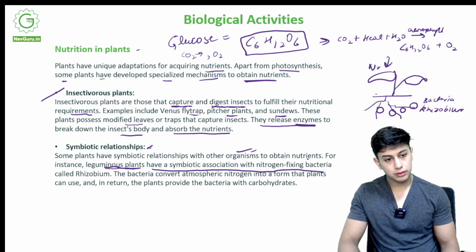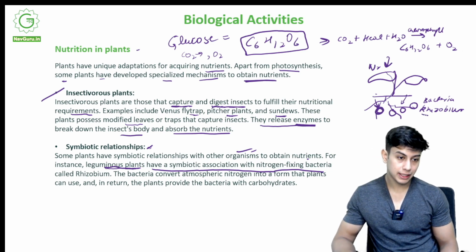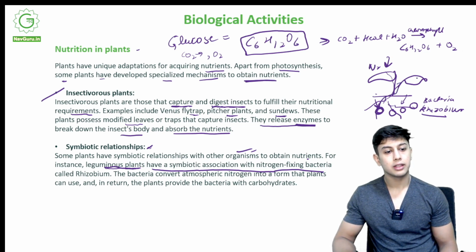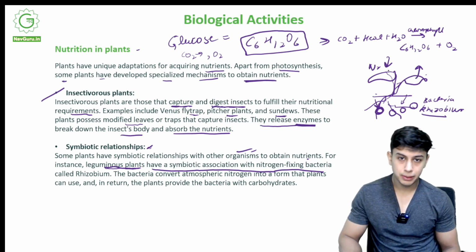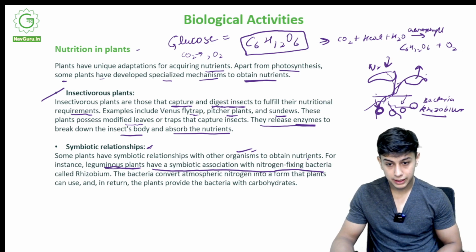Nitrogen from the outside is taken in through these legumes. All right, it is processed into absorbable form by this bacteria for the plant to take in, and the rest of the nitrogen is again released. Okay, this is a symbiosis, nitrogen fixation, that we call nitrogen fixing bacteria called rhizobium.